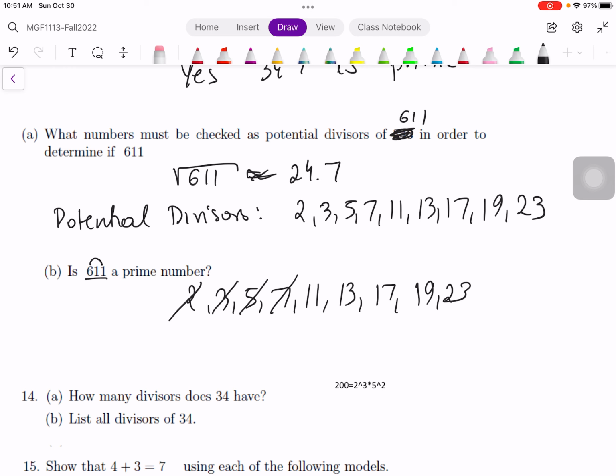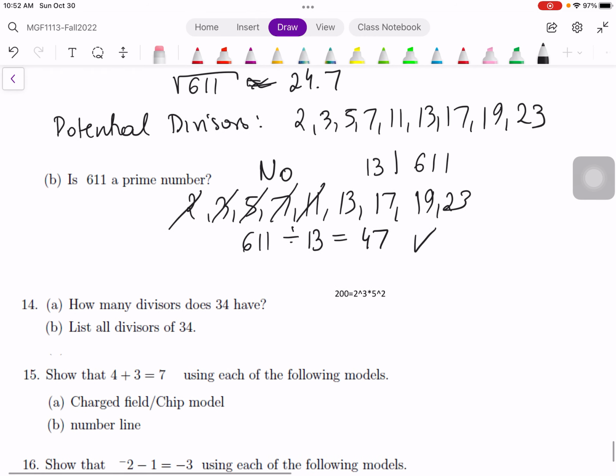The test would be 6 plus 1 is 7, subtract the remaining, that's not divisible by 11, so no. Or you just use a calculator and do 611 divided by 11. Is it divisible by 13? Again, use a calculator, 611 divided by 13. I'm going to do it right now, and yes, it is. 611 divided by 13 is 47. So is this number prime? No, 13 divides the number. So this number is not a prime number.